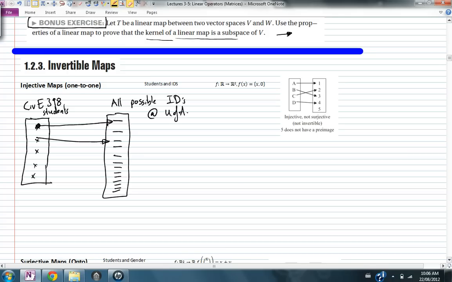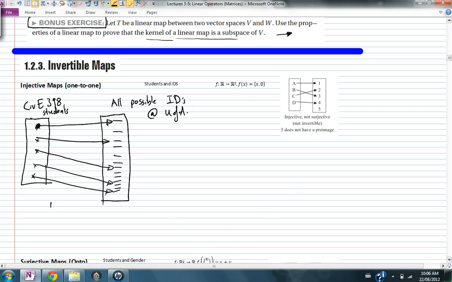No two students share the same ID. This is an example of an injective map, one-to-one. It's a map that assigns a unique result to the argument of the function.